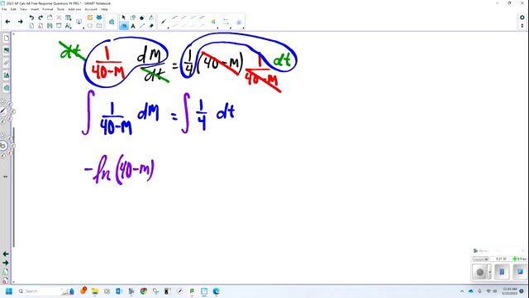Okay, it will be negative. You can do u-sub, that's fine, plus a constant. We'll call that constant 1, equals. This is even better, kids. This just becomes 1/4 t plus another constant. They might not be the same constants. That's why I call them constant 1 and constant 2.